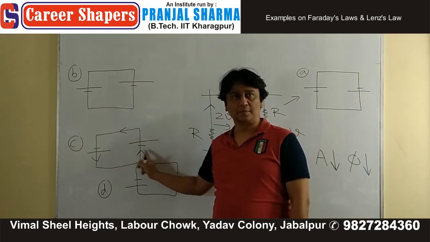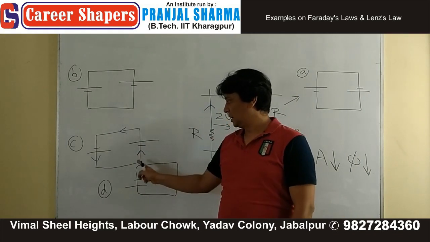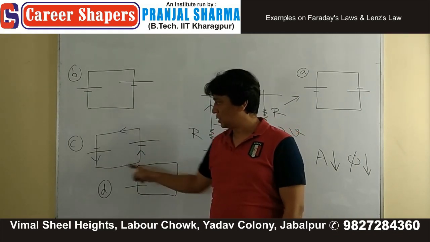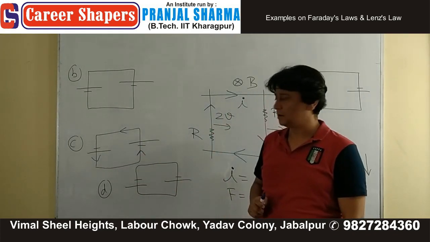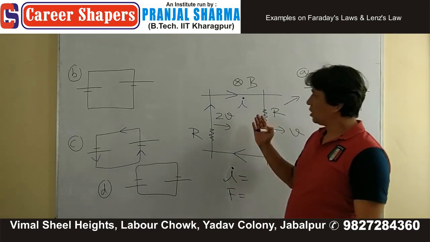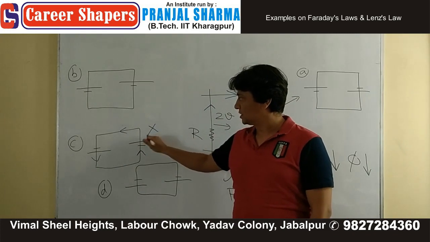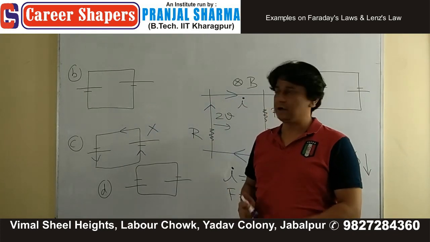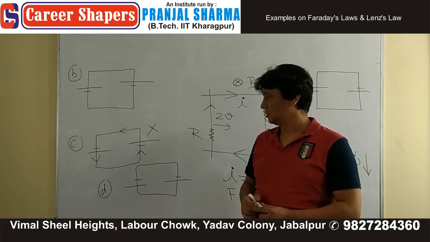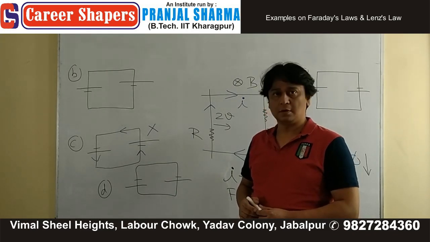This and this are supporting each other, and therefore you're getting this type of current. But you already know the direction of current, and therefore this is not possible at all.